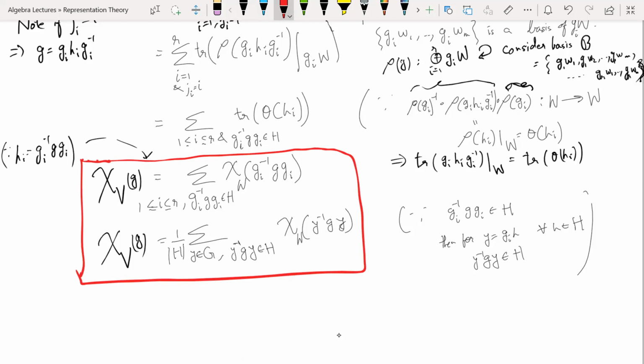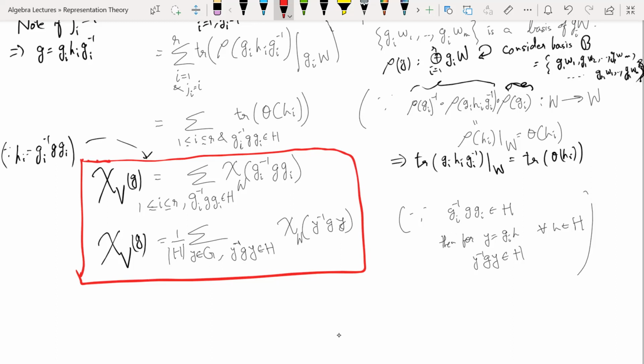So you want to calculate the character of the induced representation at an element G. Then you look at all the conjugates of G which lie in H. You evaluate the character of H at those values, and then you take the average.